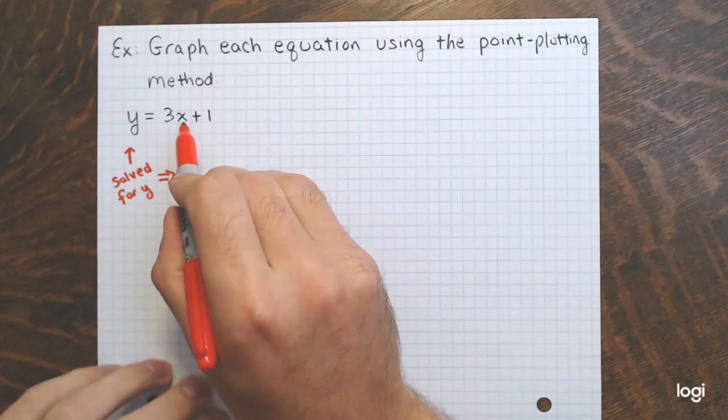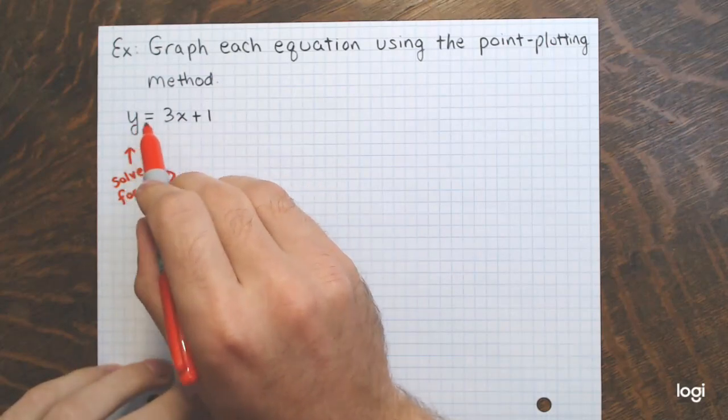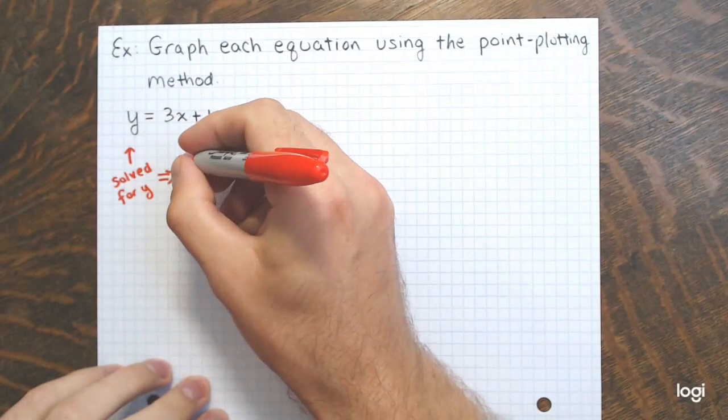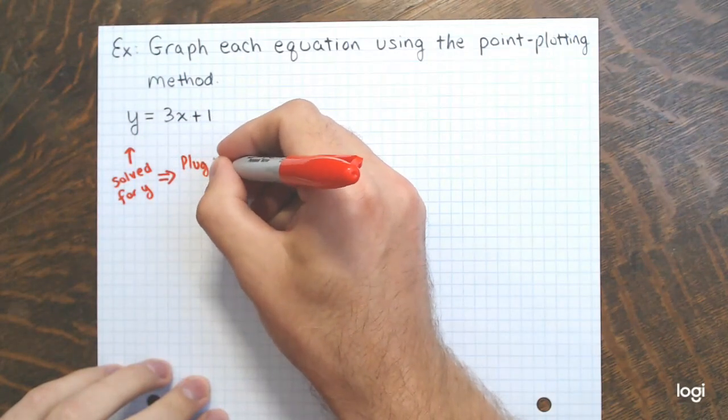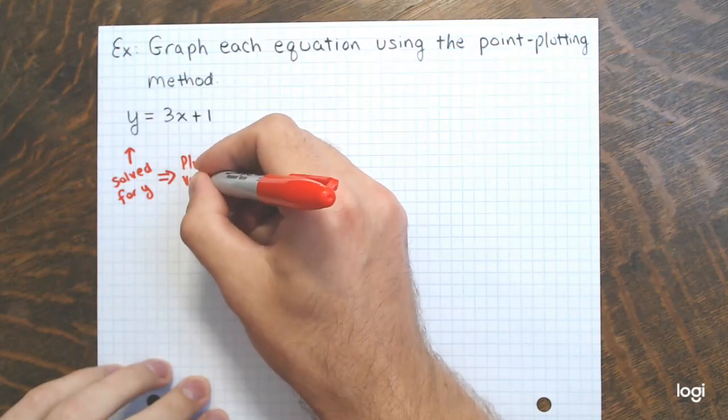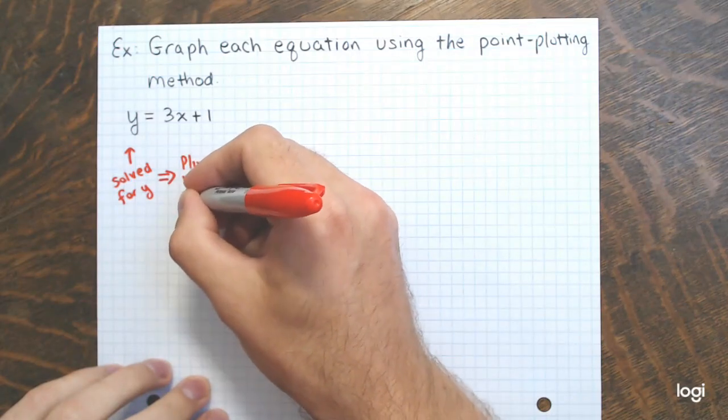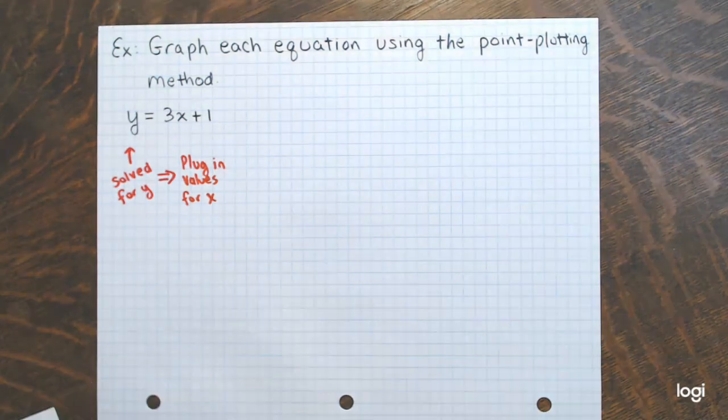I'm going to plug in values for x and see what y is equal to, since y is already solved for. So in this one that's solved for y, I'm going to plug in values for x when finding solutions.